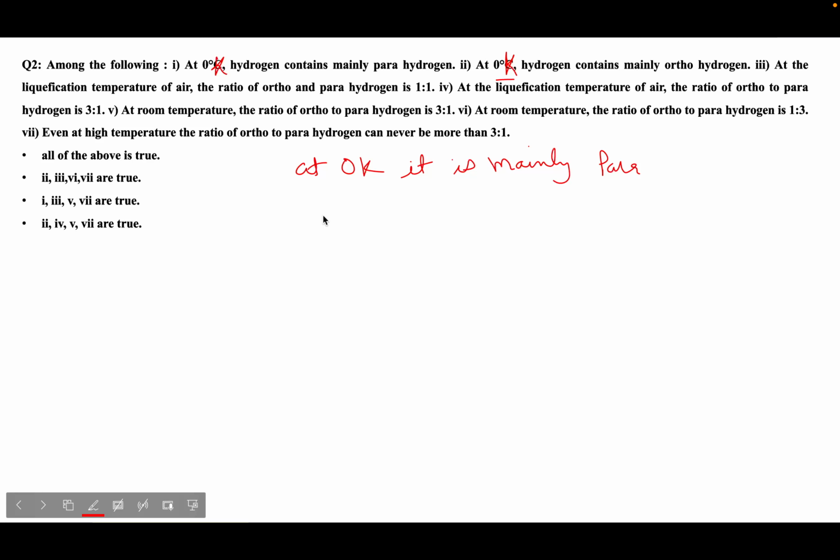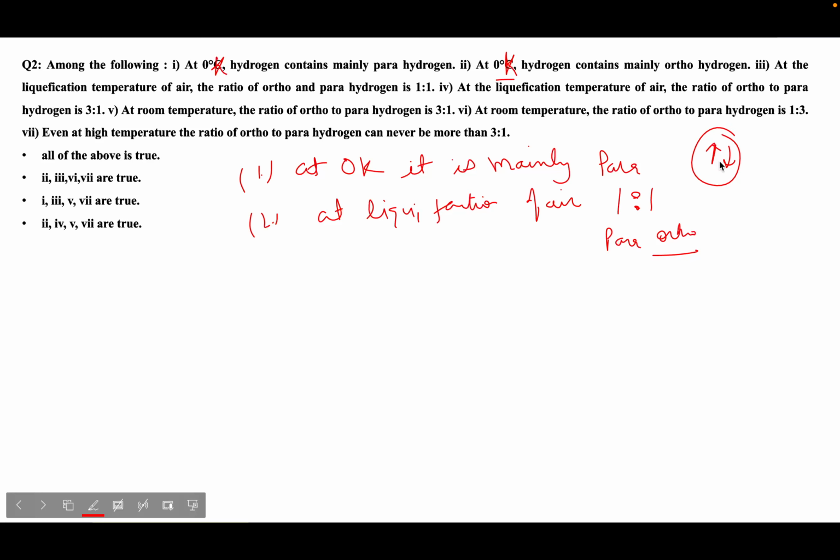And at liquefaction of air, this is 1:1 para and ortho. Para is the more stable form at low temperature, it is thermodynamically stable.